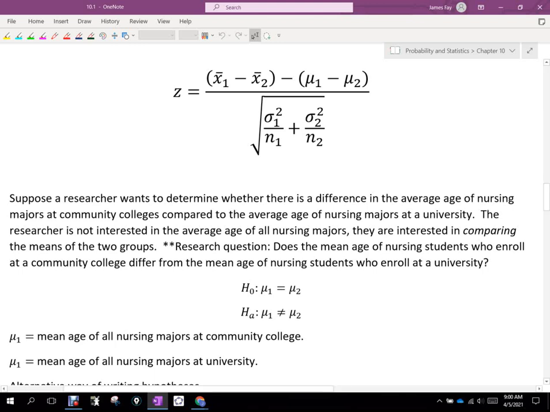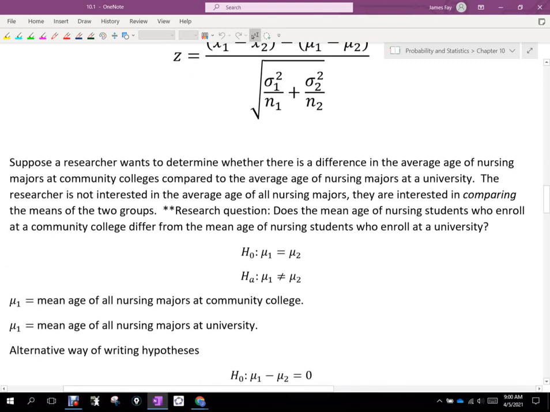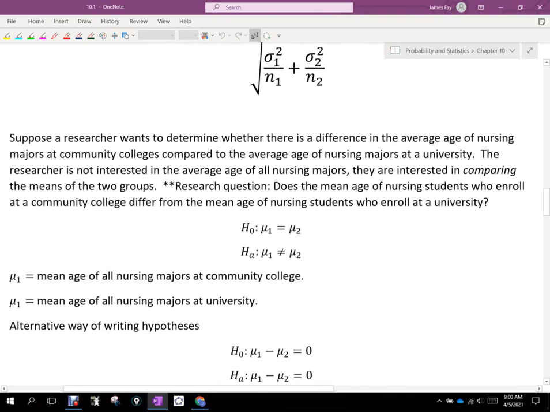When we do this, we're always going to write our null hypothesis with the expected values equal. We assume that they are the same, that the populations are the same. The hypothesis test will allow us to either reject that or fail to reject it. If I reject that they are the same, that means they are different.